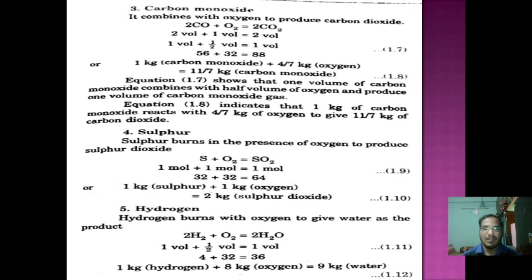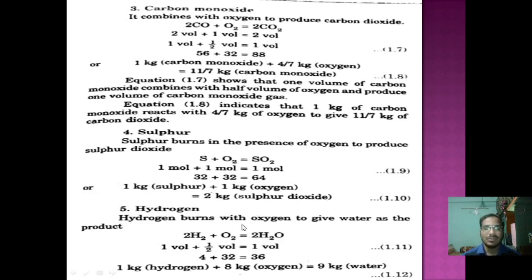So the chemical will change as per our requirement. So here we are using sulfur. Sulfur plus oxygen is equal to sulfur dioxide. 1 kg of sulfur plus 1 kg of oxygen gives 2 kg of sulfur dioxide.